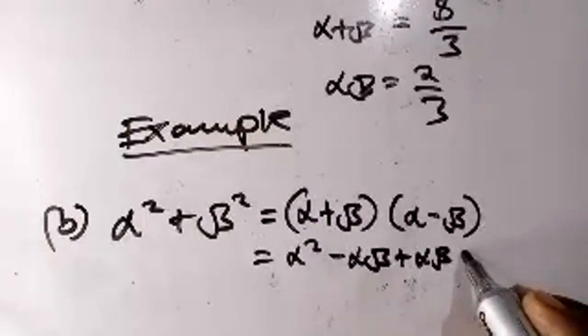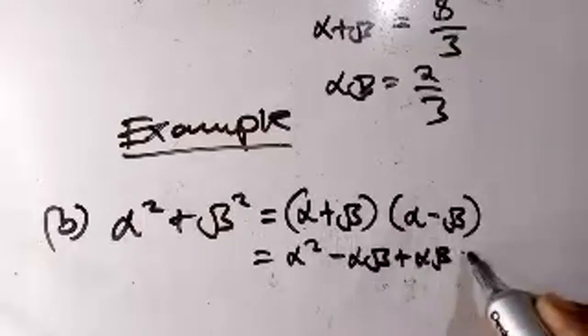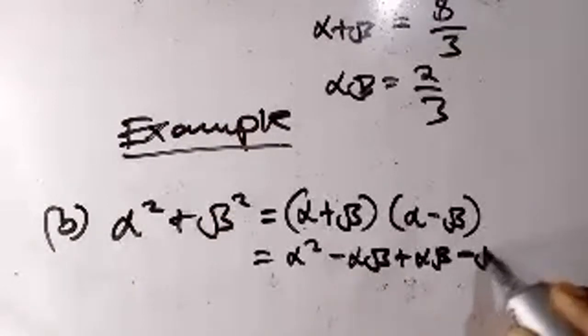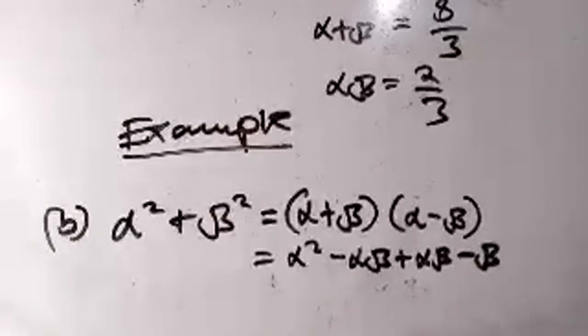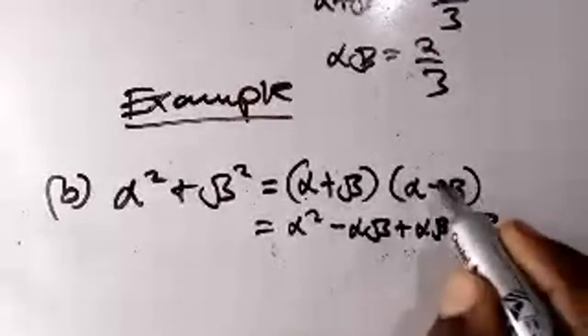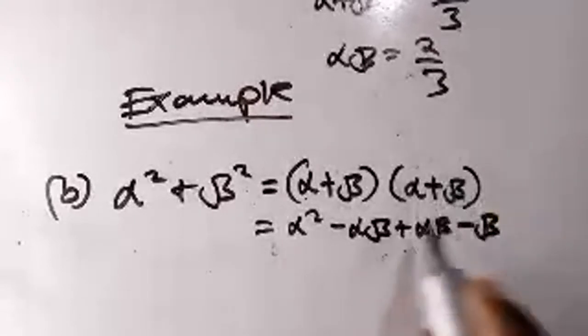Then beta times beta, which is minus beta squared. So now here remember that this is a difference of two squares, which is positive here.